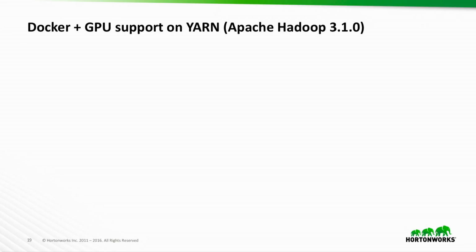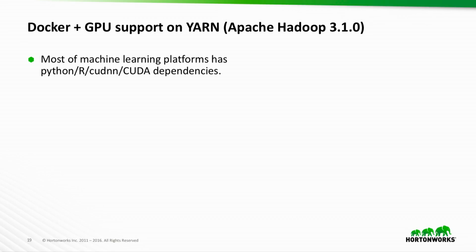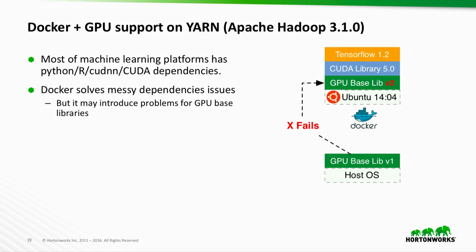And Docker plus GPU support is also very important. This is because many machine learning platforms have dependencies like Python, R, cuDNN, or CUDA. Because these libraries are all evolving, we cannot let users install these libraries on the physical or virtual machine, which will be shared by everybody.